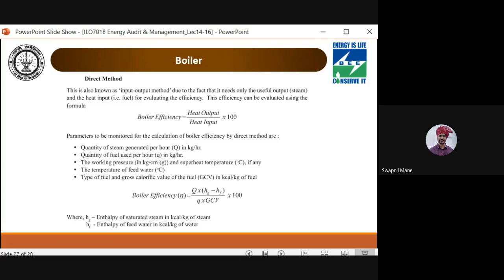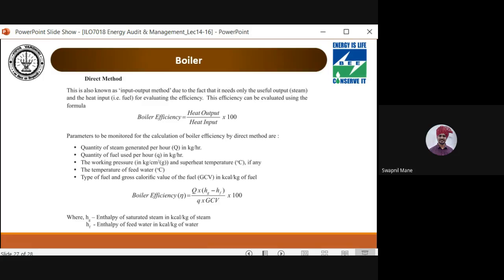But if the boiler is only a small part, it gives out only steam, right, and it is used in a very small area of your industry, then I will suggest that the direct method is sufficient. On top of it, you do an individual targeted audit of individual components, that is fans, blowers, pumps, which are the additional accessories for the boiler, right?